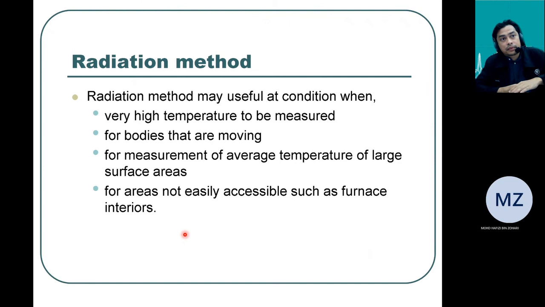For example, metal. If you heat the metal, at the beginning it has its own temperature, but at some point it starts to glow, from red, to orange, to yellow.